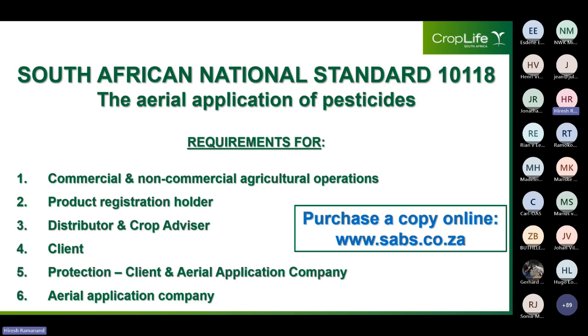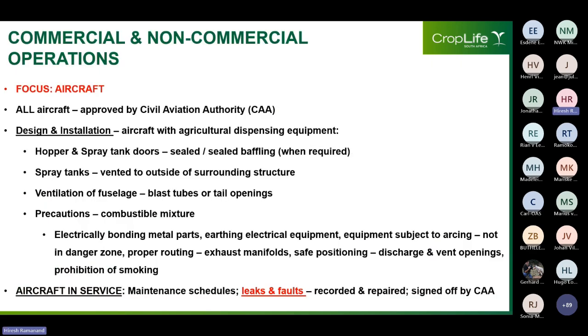Right, let's start with commercial and non-commercial agricultural operations. Having covered the requirements for pilots of any aircraft involved in commercial and non-commercial operations, I'm now going to expand on pertinent points pertaining to the aircraft itself. To reiterate, all aircraft used for the aerial application of crop protection products have to be approved, meaning licensed and certified by the Civil Aviation Authority.